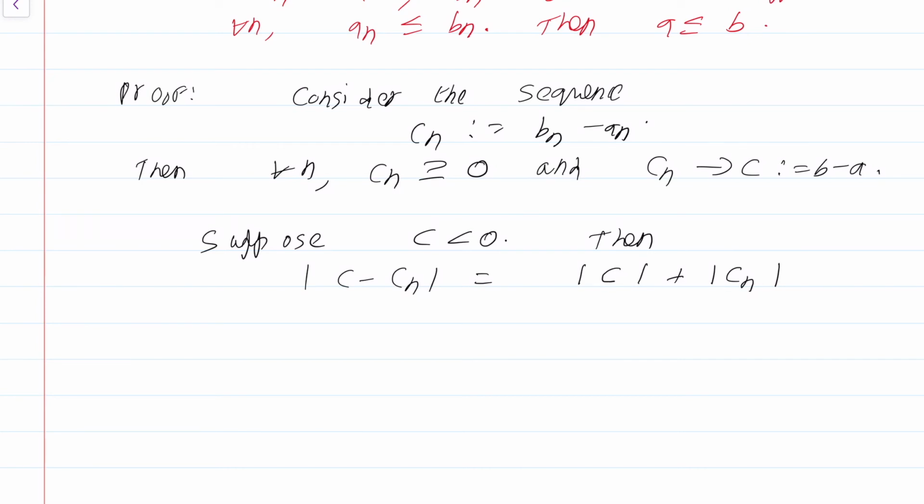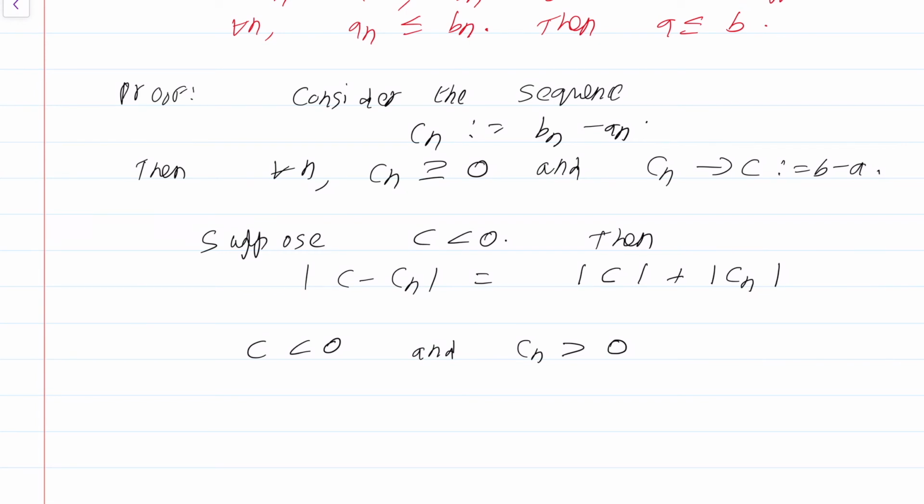Well, observe that C is less than 0 and Cn is greater than 0. So how did I get from this that modulus of C minus Cn is actually mod C plus mod Cn?